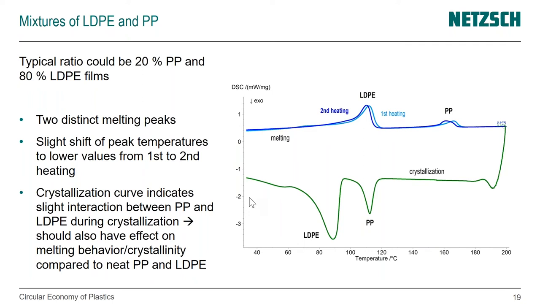Then I would think of thermogravimetric analysis, and maybe that's a topic to discuss also in more depth in a separate setup. Yeah, but with additives, you have to know to a certain degree what it is, otherwise it's hard to identify.